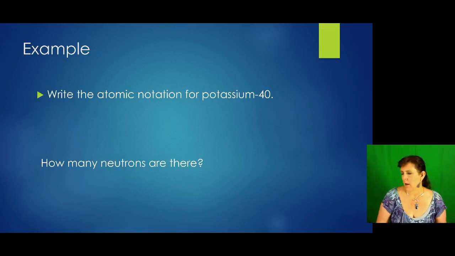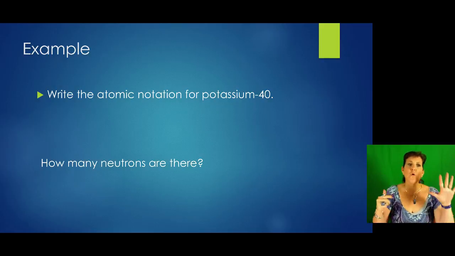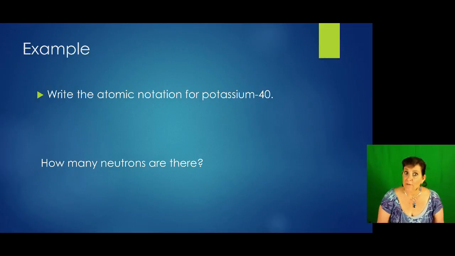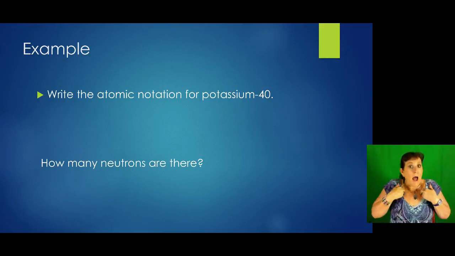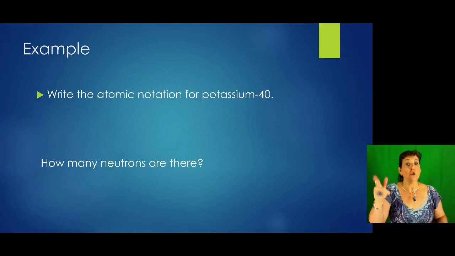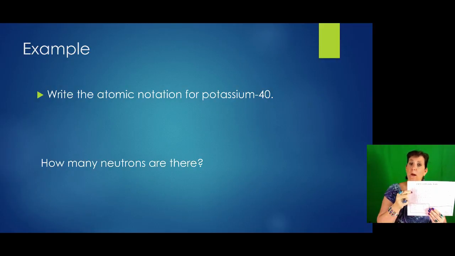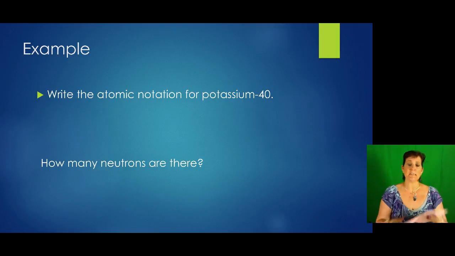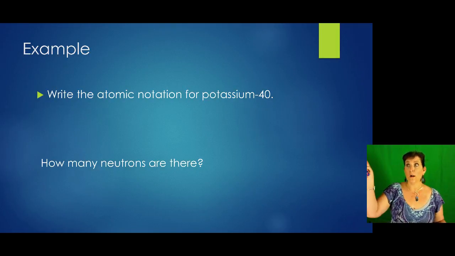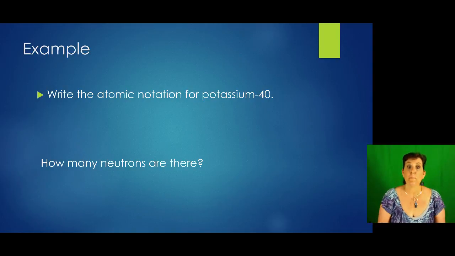That is not a negative sign, it's a dash. Potassium dash 40. 40 is the mass number. That is something I will give to you. You have to get the protons from the periodic table. So potassium is K. K is number 19. That's the proton number. The 40 that I give you is the mass number. That's the protons plus the neutrons. So write your atomic notation now.